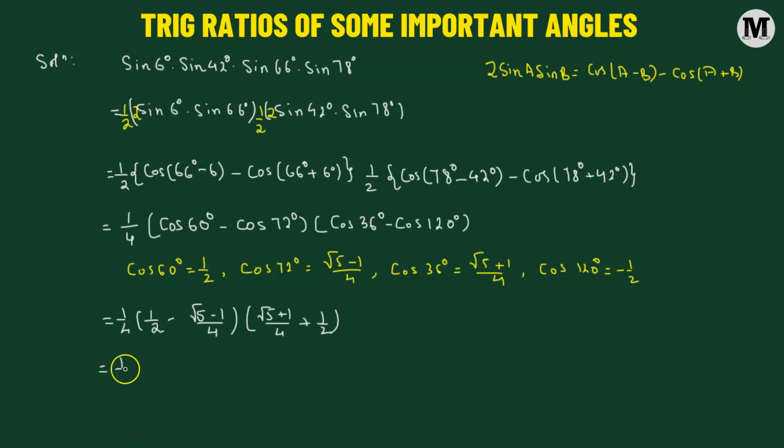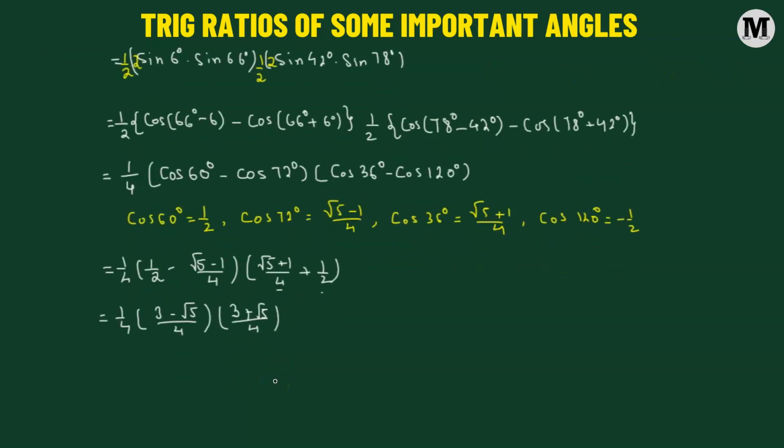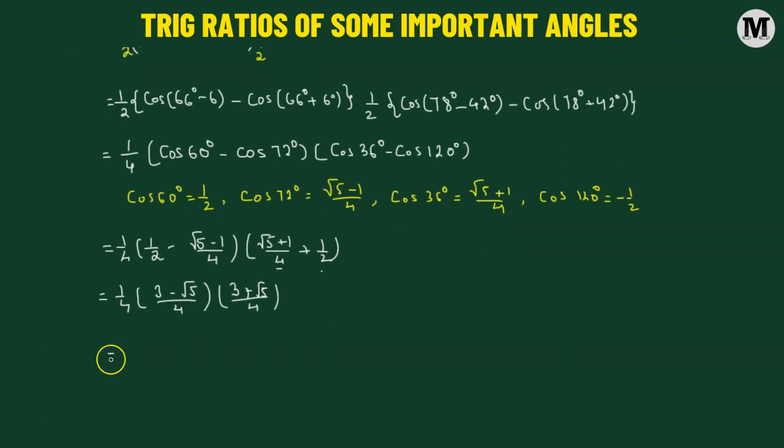That will be equal to 1 over 4 multiplied by, combining these two fractions, 3 minus square root of 5 divided by 4. And then combining these two fractions is going to give us 3 added to square root of 5 divided by 4.